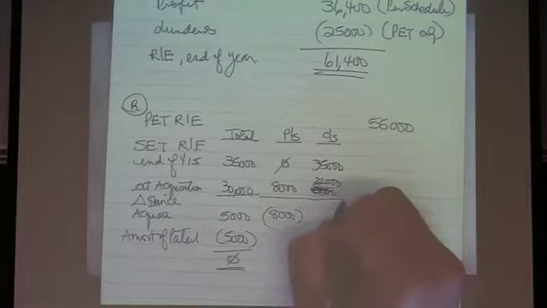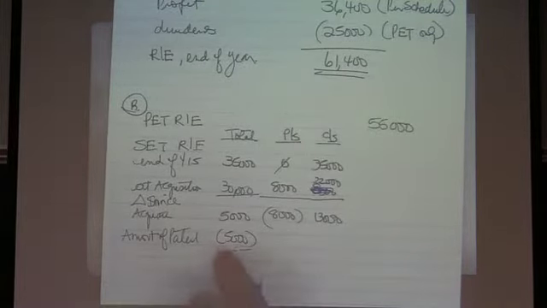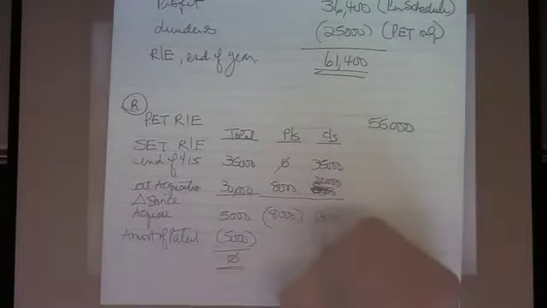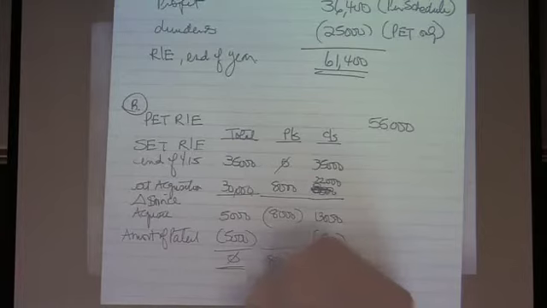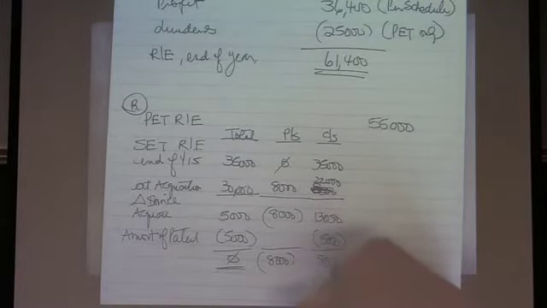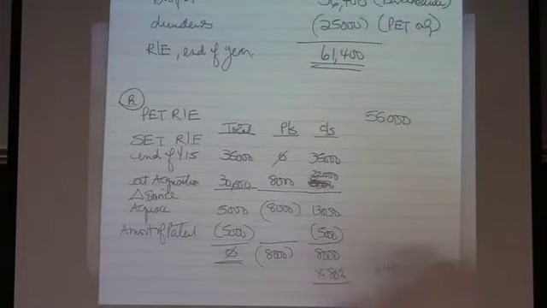Okay. And this is only for common. So this is 8,000 times 80% gives me 6,400.